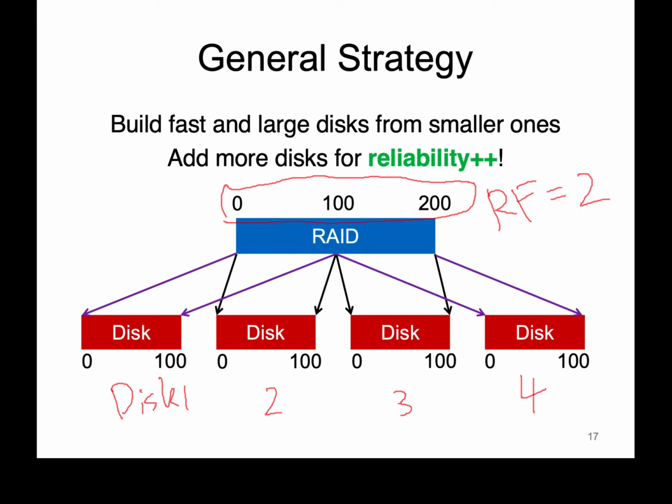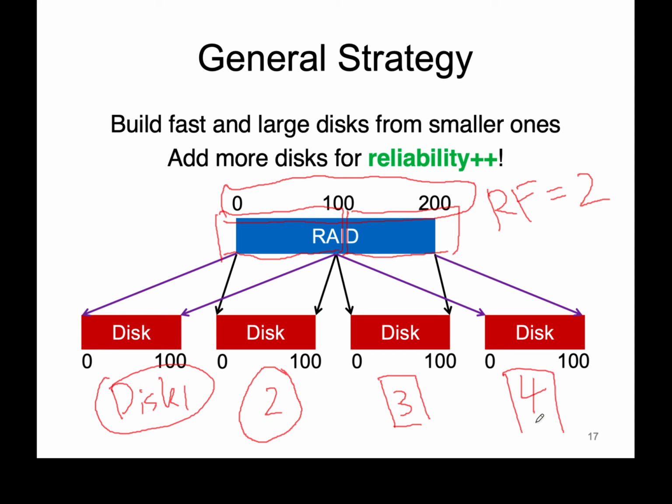Because each piece of data is duplicated twice. The first half of the address space, ranging from 0 to 100, gets duplicated on disk 1 and disk 2. And the second half of this address space gets duplicated on disk 3 and disk 4. So basically, by adding more disks, you get reliability plus plus, right?